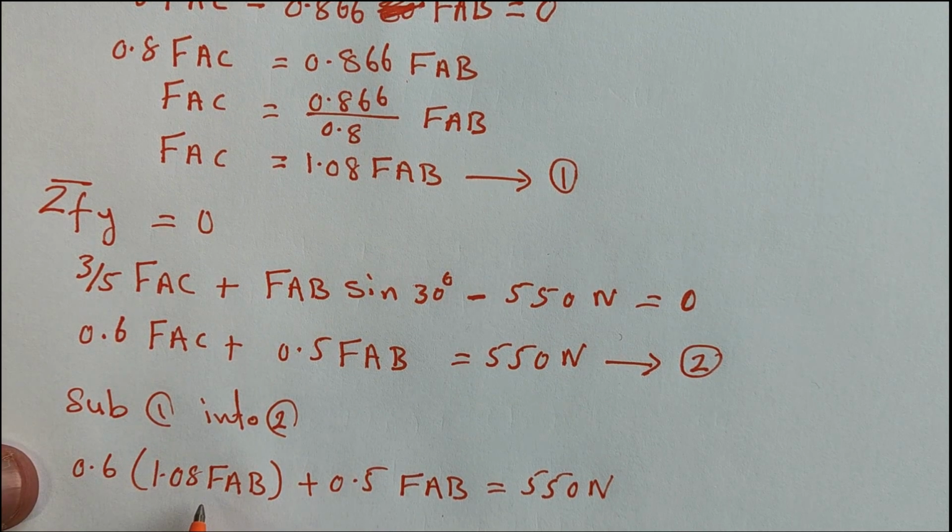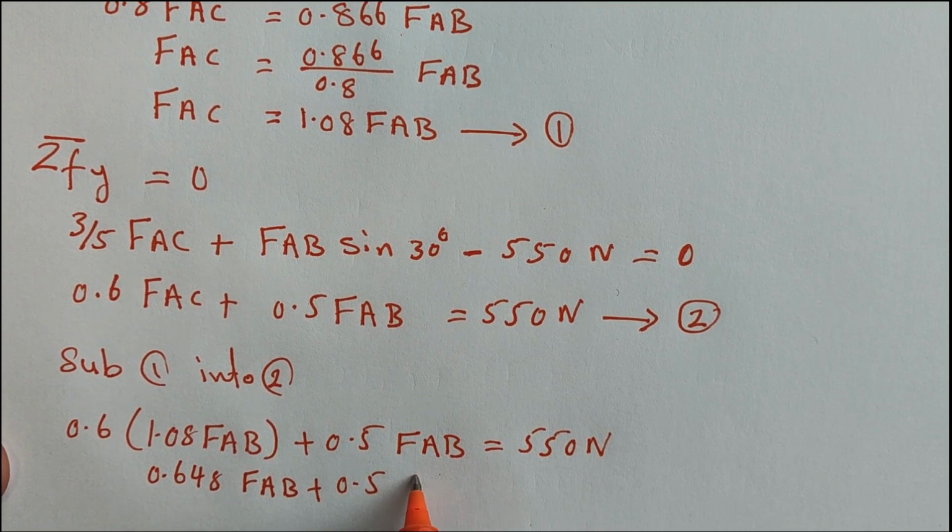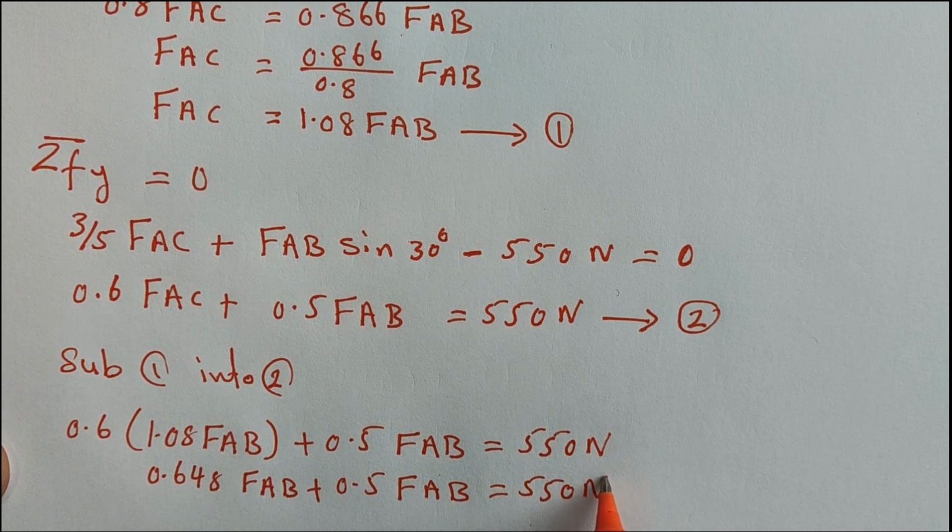These two should give 0.648 FAB plus 0.5 FAB equal to 550 Newton.